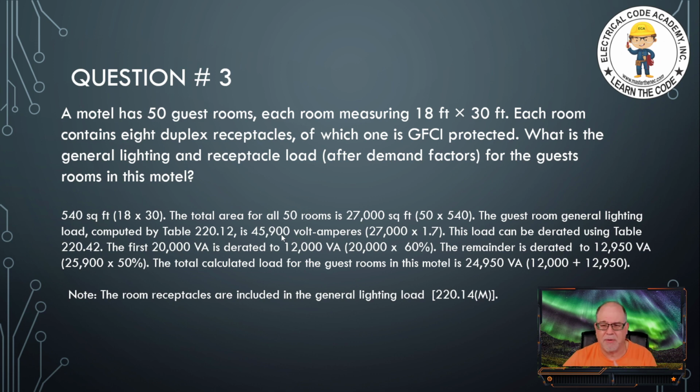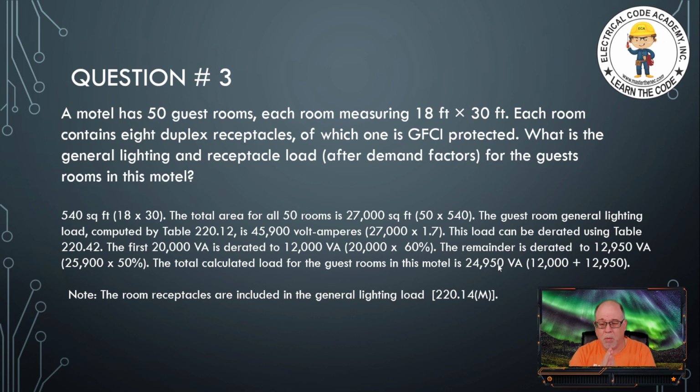Now we get to apply some demand factors, and that was in 220.42. It said the first 20,000 we can take at 60%, which is going to be 12,000. The remainder over that, and it wasn't more than 100,000, was 25,900, and we multiply it at 50%. That ends up being 12,950.